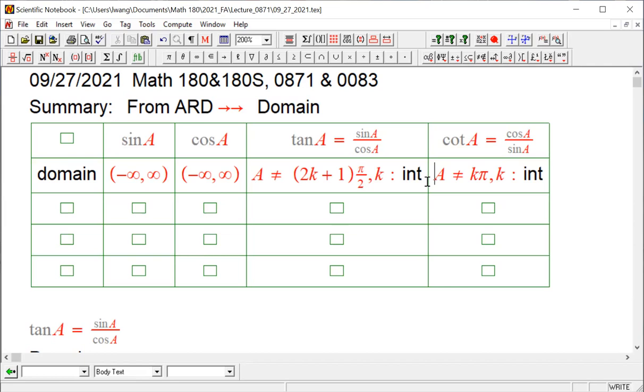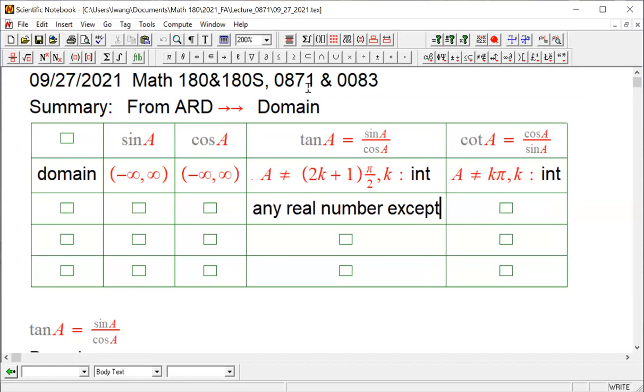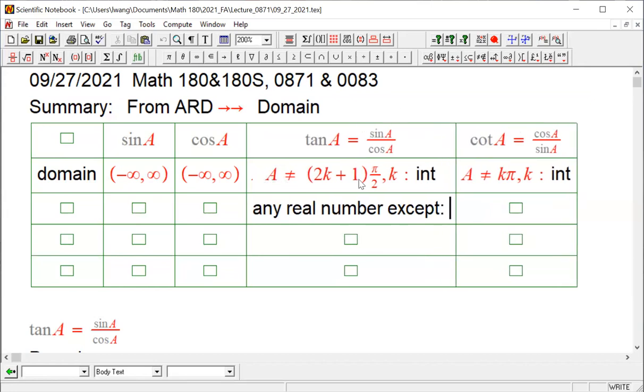No, the angle cannot be these. The domain for tangent can be any real number but these. That's right. This notation means any real number except those values of A. That's correct.